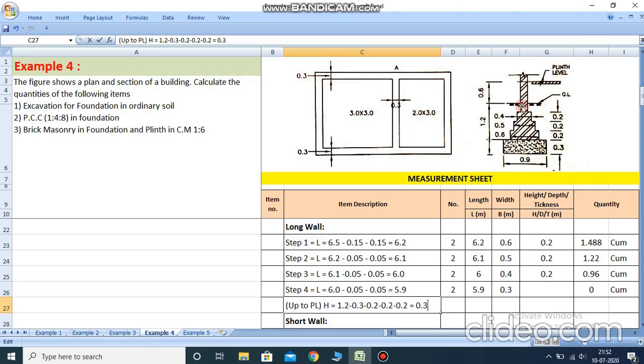Now we got the value 0.3 from ground level to second step. So from the plinth level to ground level the value is 0.6. So here the wall thickness is the same for plinth level to ground level and ground level to second step. So the summation of 0.6 plus 0.3 plus 0.6, 0.6.